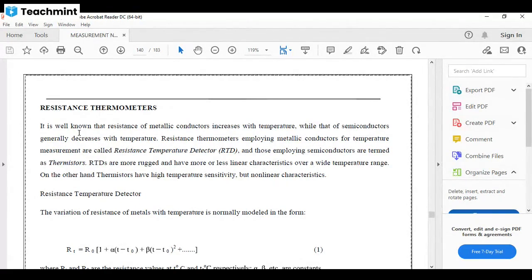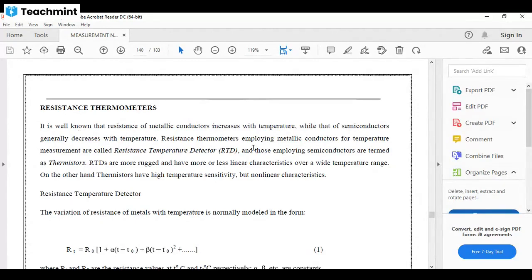Generally, the resistance of the conductor is directly proportional to the temperature, meaning if the temperature increases, my resistance also increases. But in the semiconductor case, it generally decreases with temperature.